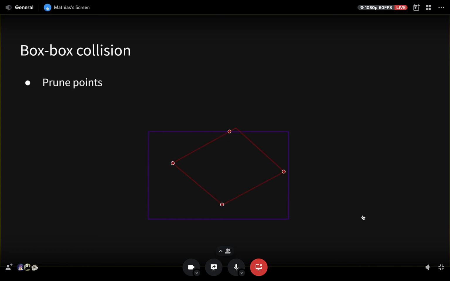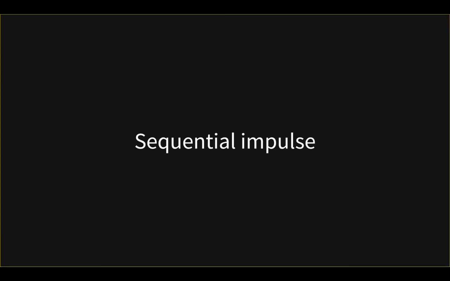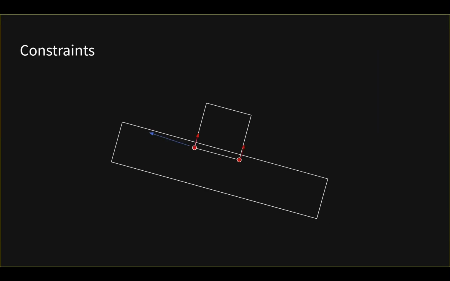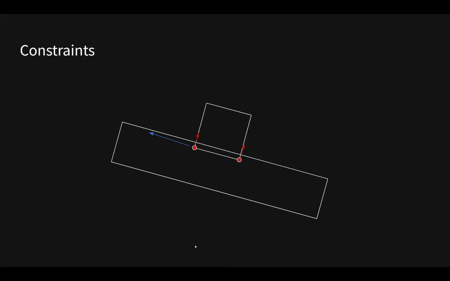So, sequential impulse is next. This is about the resolution step. We're now at the step where we want to solve these contacts that we've gathered. In my physics engine, contacts are modeled with constraints.